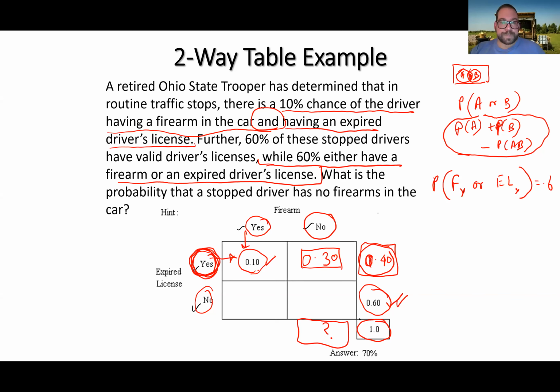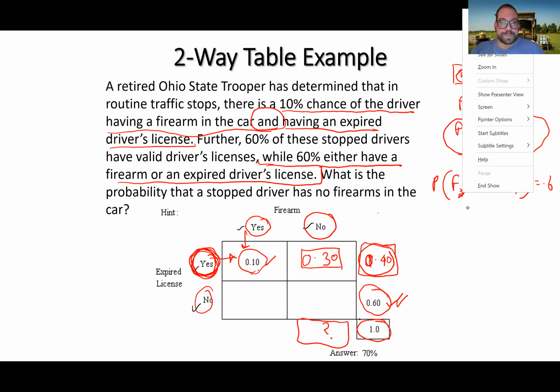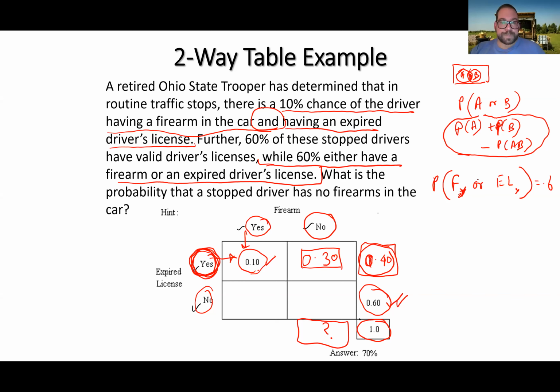So probability of a firearm, which is yes, it could be firearm no. So I'm choosing the specific event. Probability that I have yes, I have a firearm, or probability that I have an expired driver's license. That probability is 0.6, right? 60% either have a firearm or an expired driver's license.